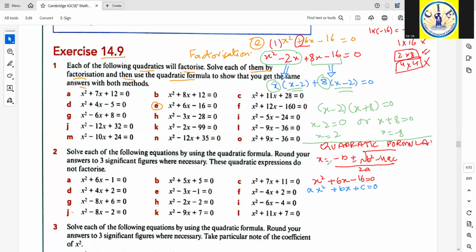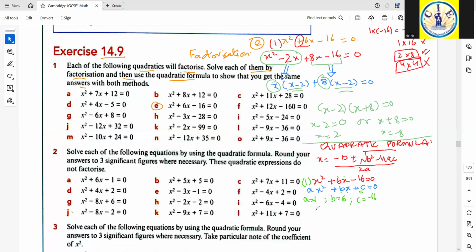So comparing their coefficients, we can observe that a should be 1, b, which is the coefficient of x, is 6, and the constant term c is negative 16.